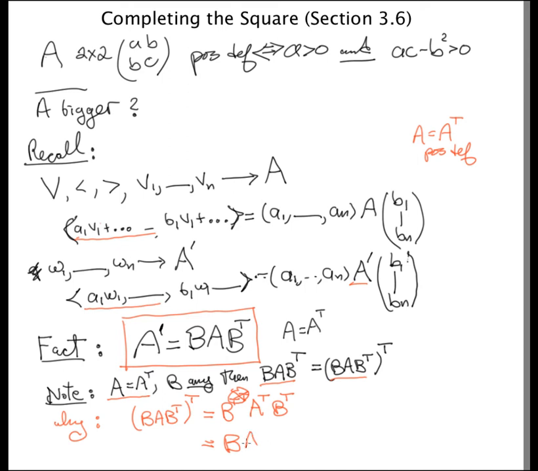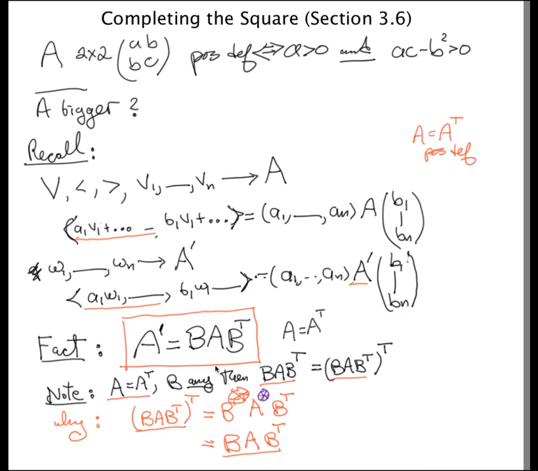And A is symmetric, so you can cross out this term, and you get B A B transpose. So in fact, that's correct. This matrix, when you take the transpose of it, you get itself back again. So just pause and think about that for a second. You can use any B. It doesn't have to be symmetric or anything. You take this matrix A, you can multiply on the left and right like this, and you'll get a perfectly good symmetric matrix this way.